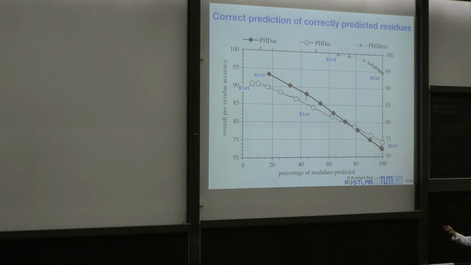I talked about it for secondary structure prediction. It's the same thing here. Now, the open circles here are projected onto a two-state system, buried, exposed. When I predict for all residues, then in a two-state Q2 accuracy is 74, roundabout. But I can also look at the 50% most strongly predicted residues here.